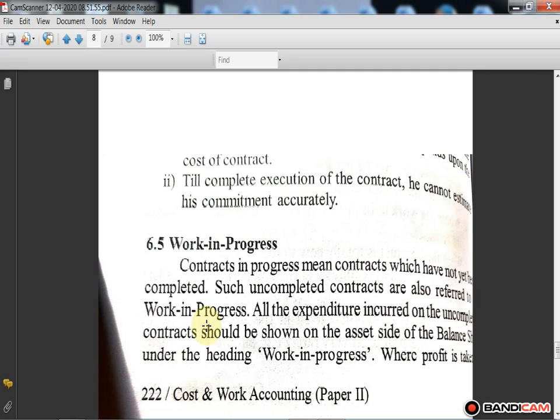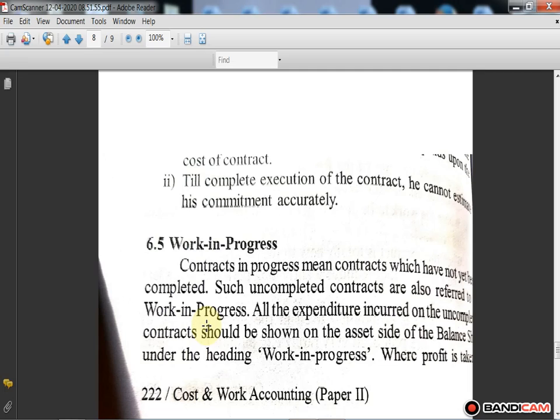Work that has not yet been completed is known as work in progress. Such uncompleted contracts are also referred to as work in progress.